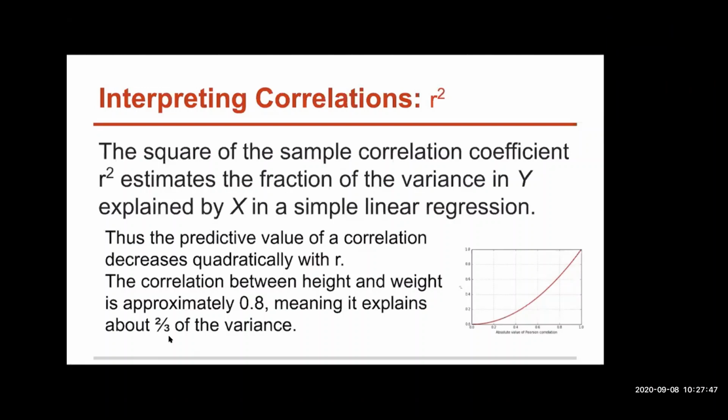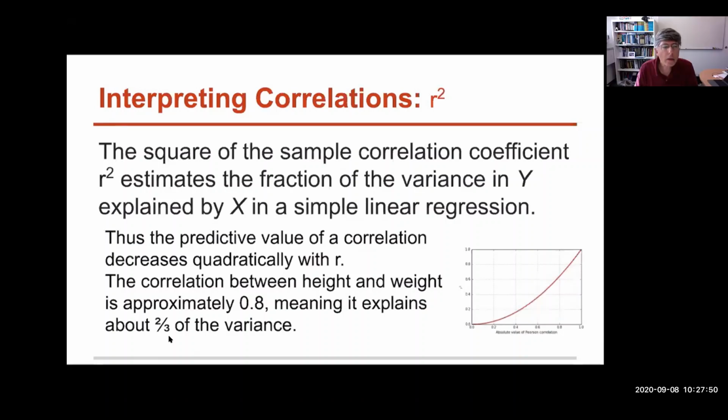Why not just take the absolute value of the correlation? Why don't we take the absolute value of the correlation? The absolute value of the correlation tells me something about the power of the connectedness, but it doesn't tell me about the directedness. If I told you that the absolute value of the correlation between height and IQ was 1, you would say, great, I can find out how smart somebody is by measuring their height.